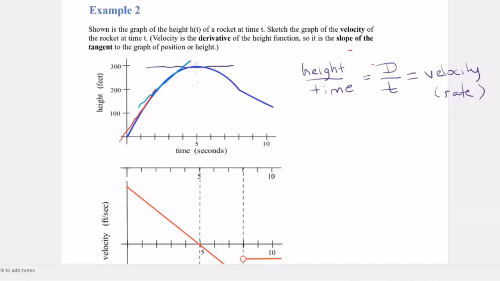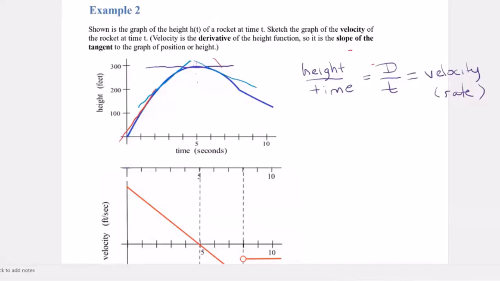And then after that, what's happening? It's starting to get negative. And it's going to keep getting more negative, because notice the slope is changing as I go around, isn't it?